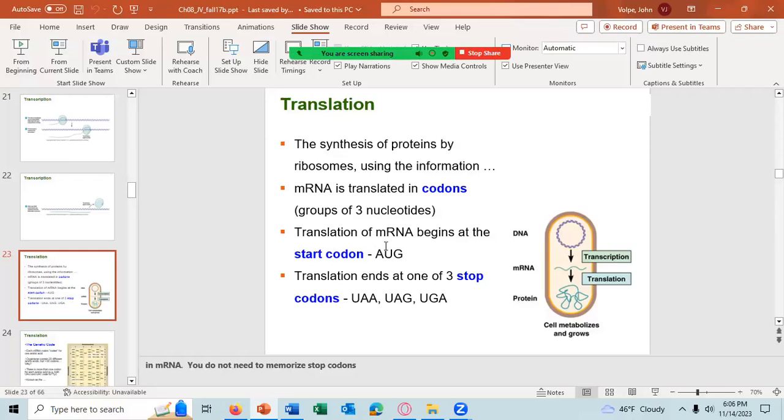If the protein does not want to start with methionine, it will remove it in probably the Golgi apparatus, where the protein is modified and packaged for delivery. And we'll talk about that if we haven't already.